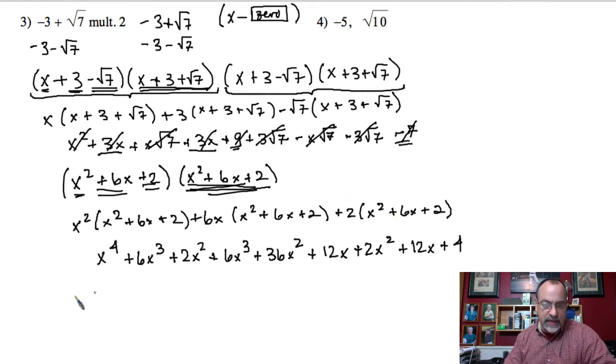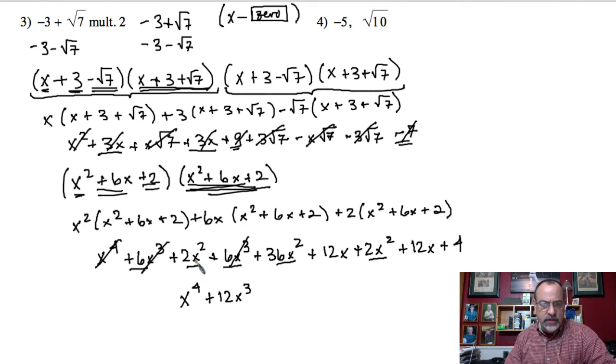I just have to find my like terms now. So I have an x to the 4th to begin with. Here's an x cubed, here's an x cubed, and that's it. So I have 6x cubed and 6x cubed, so that's 12x cubed. So that's correct. And then I have an x squared here, an x squared here, and an x squared here.